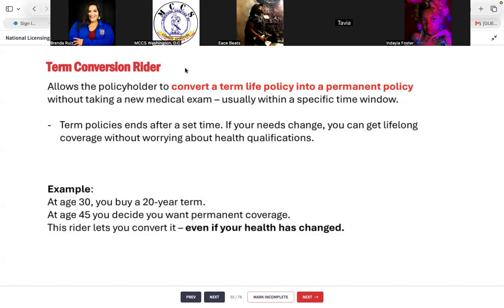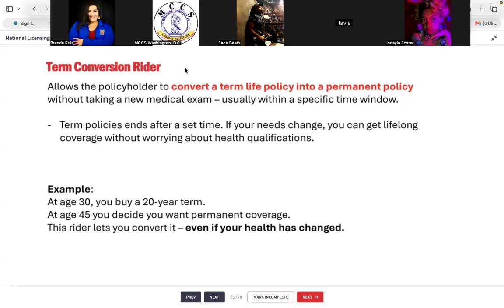Yeah, so it provides you a certain period of time where you can choose to convert it. If you don't convert it, then your policy will expire. But this allows you to convert your term from something temporary into something permanent if you choose to. Great option to have if you're like, hey, I want to have the option of maybe having my permanent coverage later.